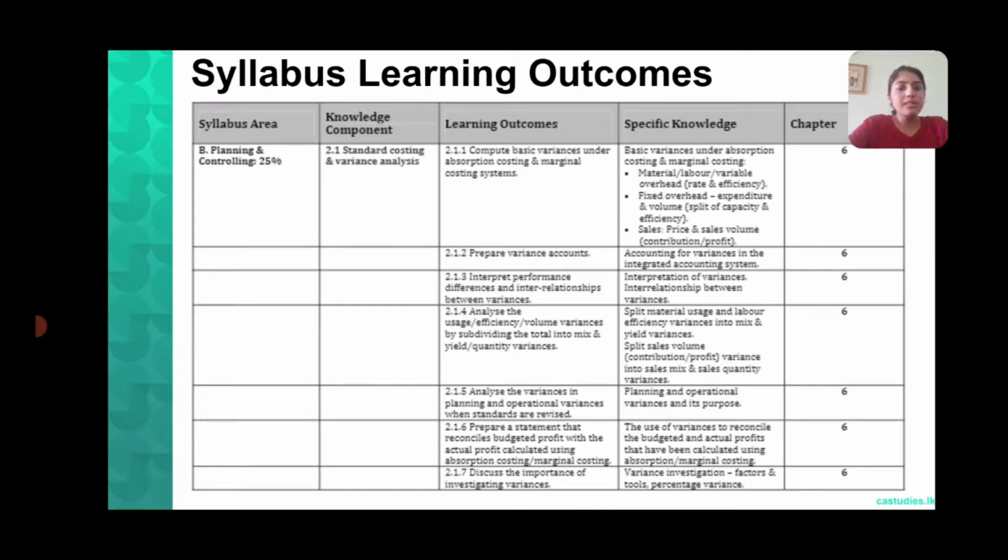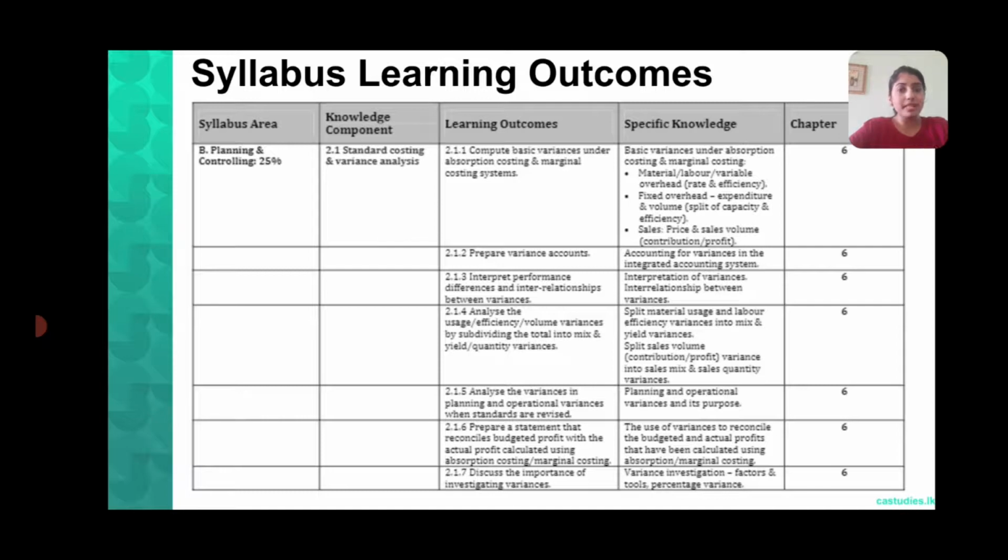So what they want you to do here is compute, prepare, interpret, analyze, and again discuss variance analysis under different costing methods. So you have absorption costing, marginal costing, and that's what they've specified, and then you've got to analyze these variances in a way to make effective decisions.